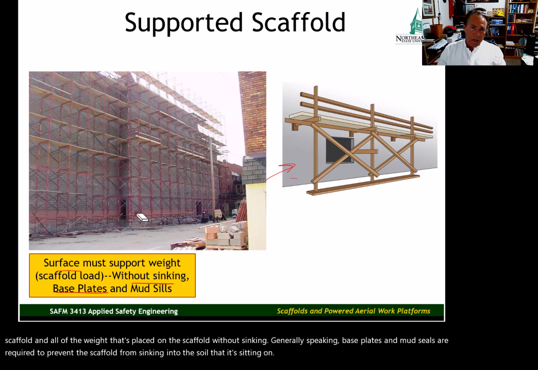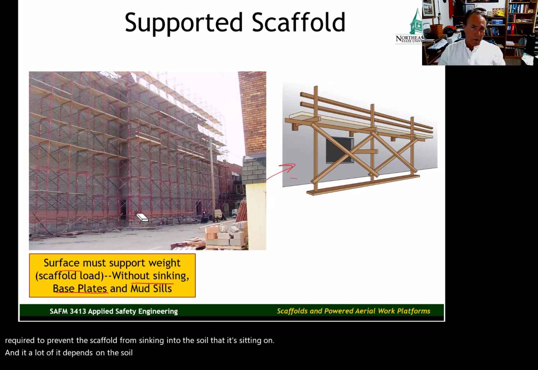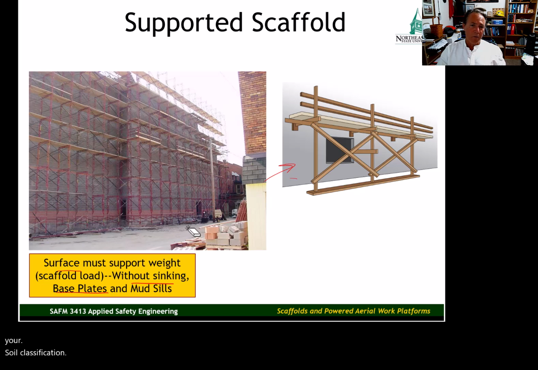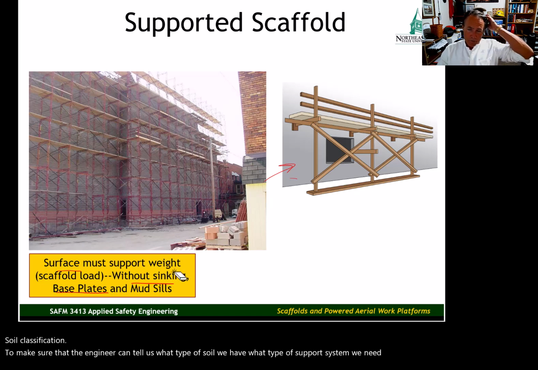And a lot of it depends on the soil type, the soil conditions. Also, it's not a bad idea to have an engineer involved in doing your soil classification to make sure that the engineer can tell us what type of soil we have, what type of support system we need for our scaffold.